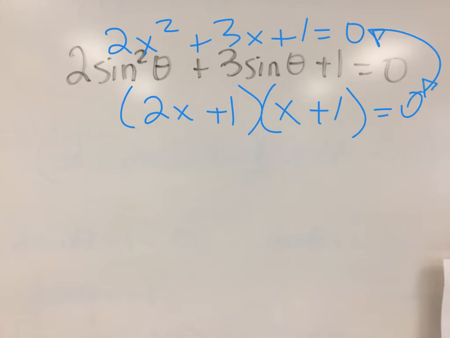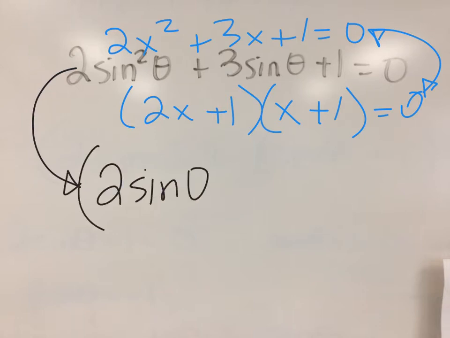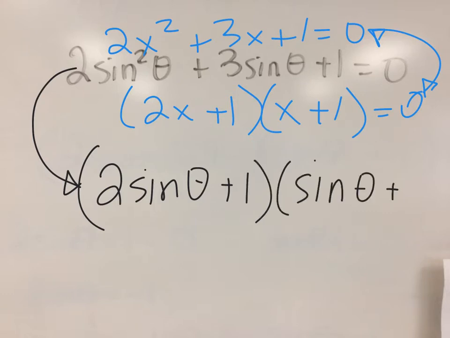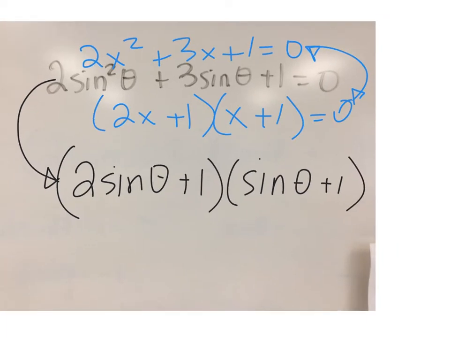So our trig equation is going to factor to something very similar: 2 sine plus 1 and sine plus 1. This is the trig factorization of this quadratic trig equation. Everywhere we have an x, you just put a sine instead.